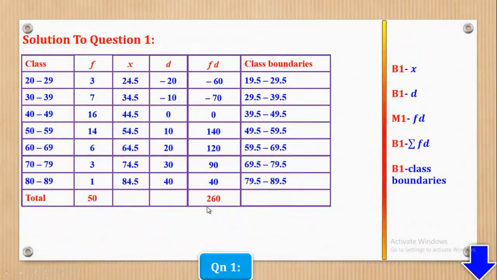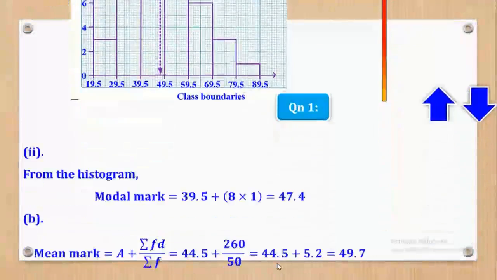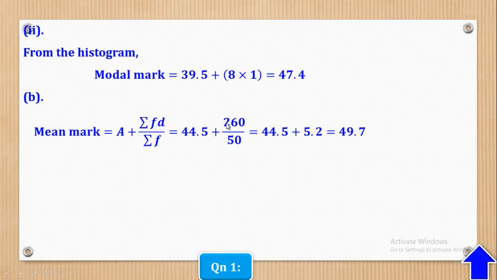So when you look at this table, this is the summation of FD and this is summation of F. So you shall come and substitute them in our formula. So when you substitute, you shall come up with 260 over 50, and when I divide 260 by 50, I'll come up with 5.2, and when I add 44.5 plus 5.2, I'll come up with 49.7, and that will be our mean mark.